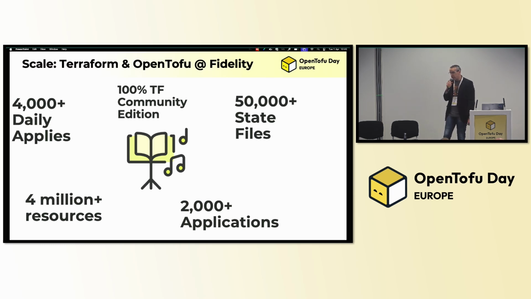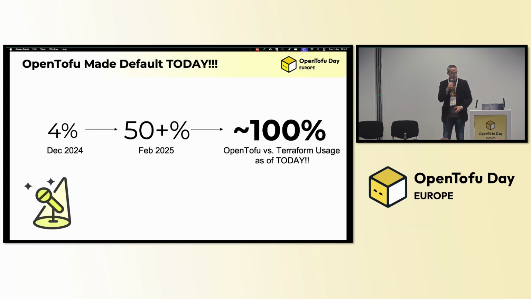From an activity perspective, we generally see over 4,000 applies or state file updates happening on a daily basis. So we knew when we were starting a migration to OpenTofu, we had quite a large scale to consider.